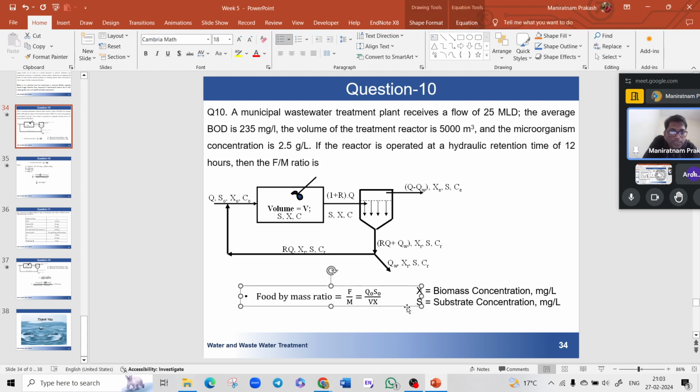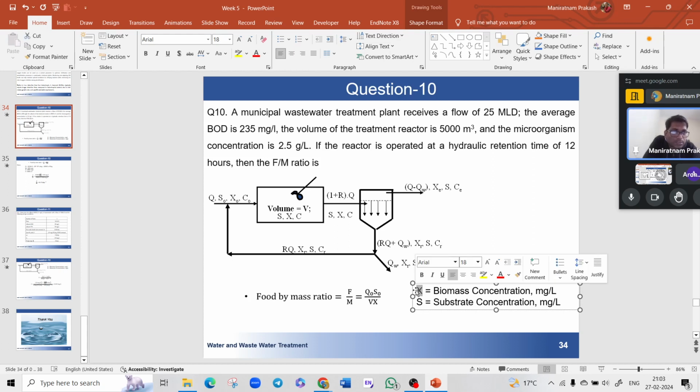So you have to understand this is S, and this is microorganism. What is this microorganism? That is biomass. Whenever they are talking of biomass, then by default it is X. So you don't have to assume anything, by reading the question and following the standards which have already been set up in books, or that have been taught to you by the instructor.